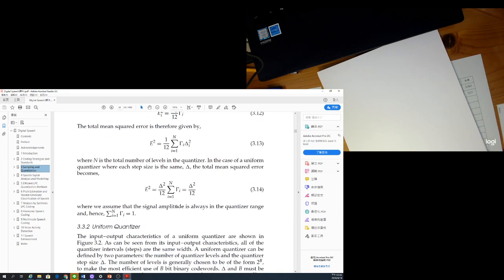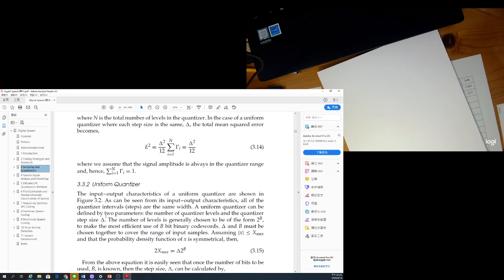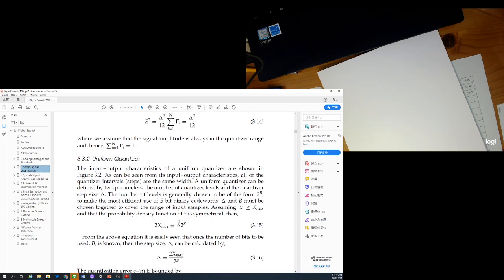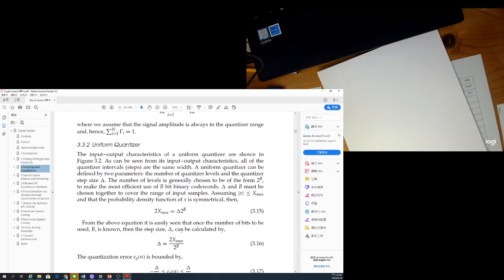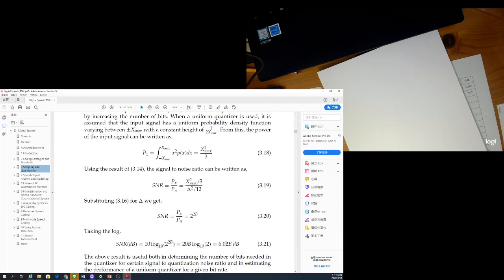So we go through this. One is the uniform quantizer, so the step size will be equal. You can see your dynamic range equals your step size multiplied by how many quantization levels you are using. Later on, you get the 6 dB rule.